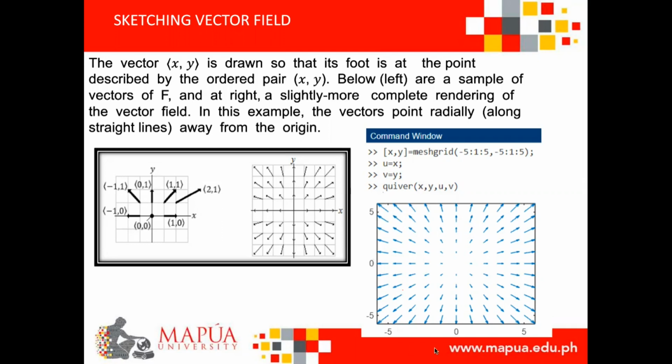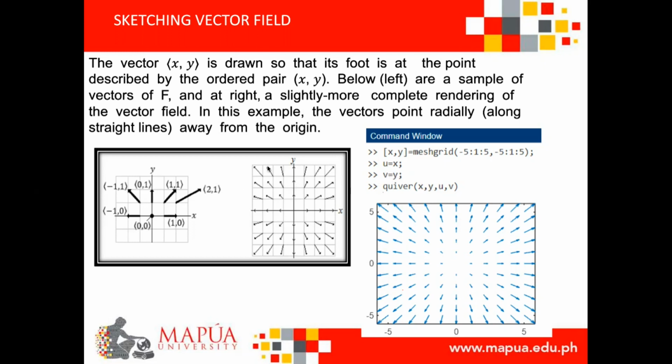So this is the graph, and we have here the command. I still use the meshgrid command and the quiver command, but then I change the components of your vector u and vector v. The vector field is given as xy, so u equals x and v equals y.